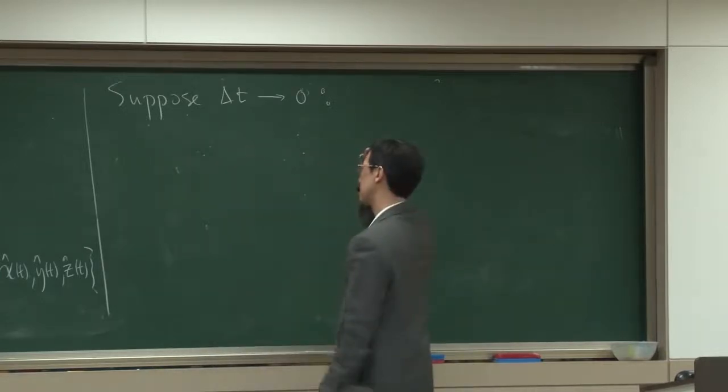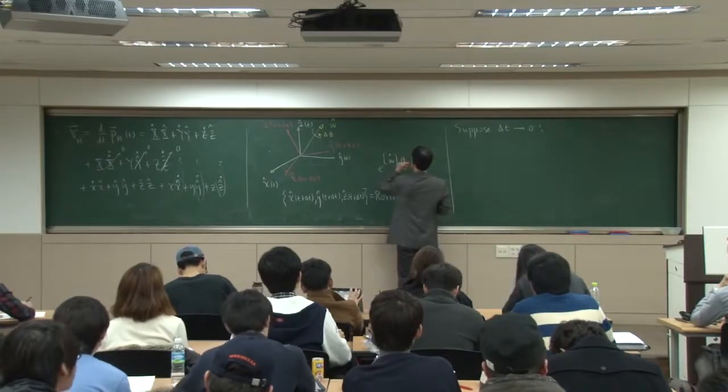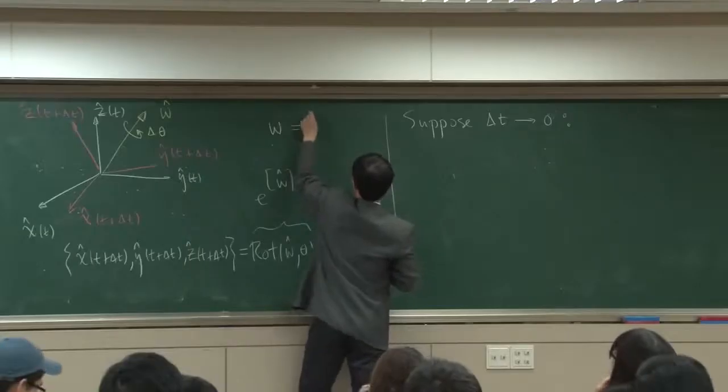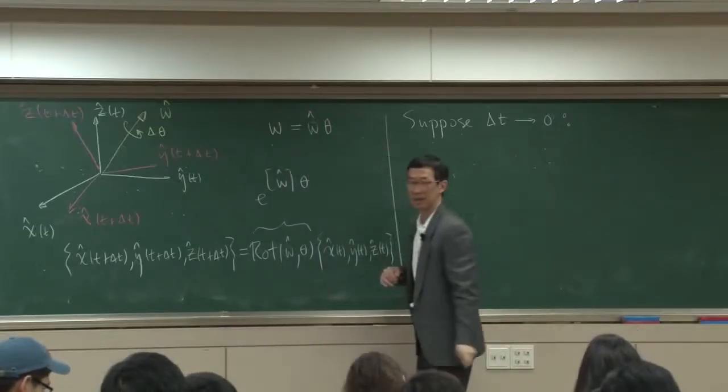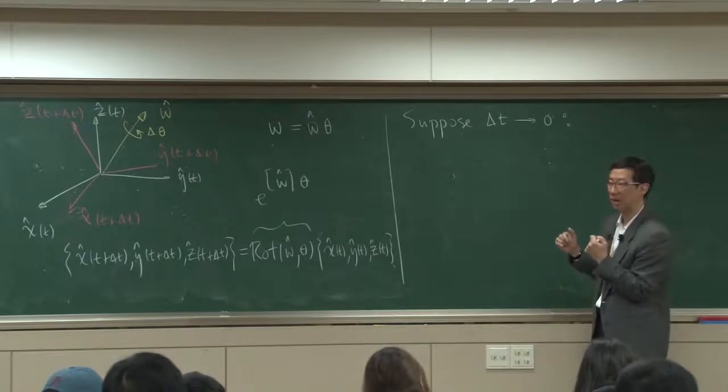So before we do that, let's say omega is omega hat times theta. Let's think about what happens to omega as delta t becomes arbitrarily small.